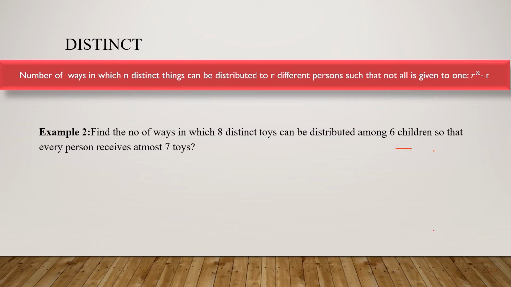So we begin with toy 1 can be distributed in 6 ways. Toy 2 can be distributed in 6 ways. Similarly, toy 8 can be distributed in 6 ways. Now, from this we have to subtract the possibility of child 1 receiving the entire set of toys, child 2 receiving the entire set of toys, likewise. So from the total we have to subtract 6 possibilities. So the number of ways is 6 power 8 minus 6.